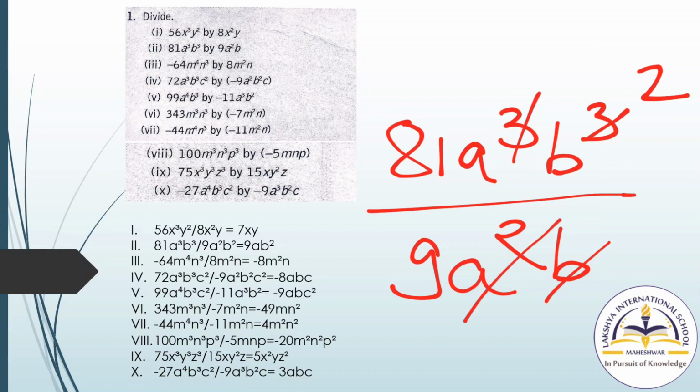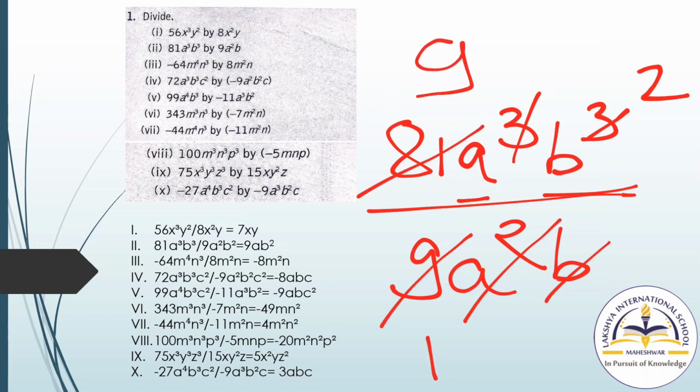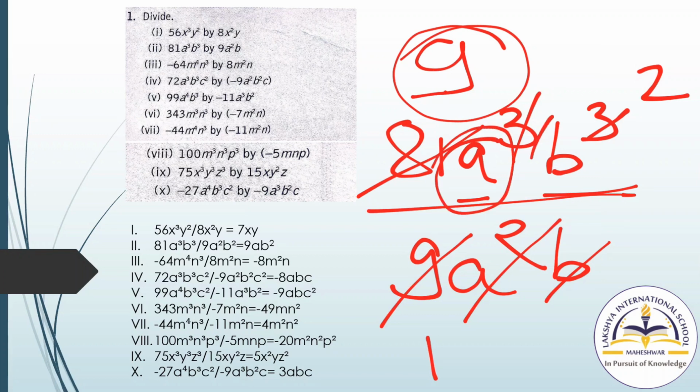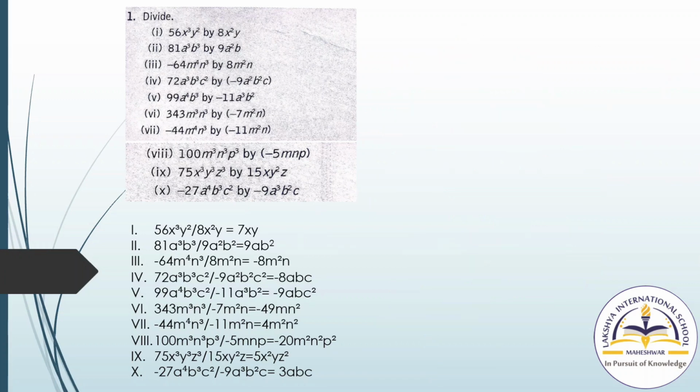Okay, now 1a is remaining and b square is remaining. Now we know 9 nines are 81, so 1, 9. Now 9ab square will be the answer. So you just have to divide them and you can just cut the values.